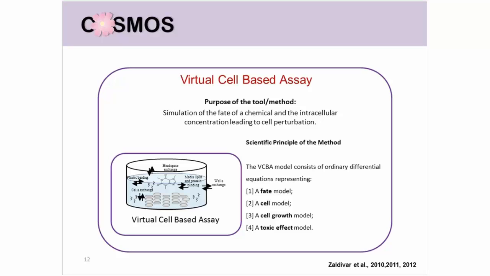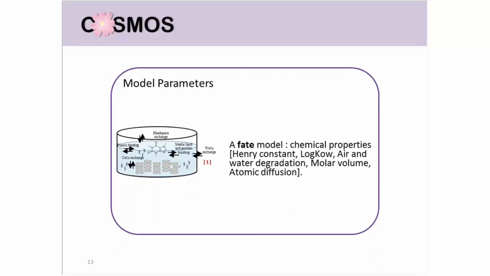It also simulates the intracellular concentration leading to cell perturbation or to the effect. The model also consists of differential equations. It's built up of 4 sub-models: the fate model, the cell model, a cell growth model, and a toxic effect model. The fate model tells you what happens to the chemical in the medium.